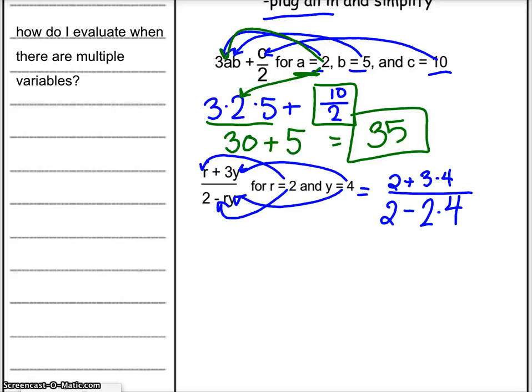Don't go 5 times 4. Go 3 times 4 is 12, so it's 2 plus 12 over what? Do I go 2 times 4 or 2 minus 2 first? Tell me. Times, yes. So 2 minus 2 times 4 is 8. 2 plus 12 is 14 over negative 6.